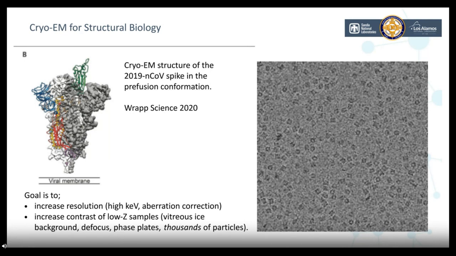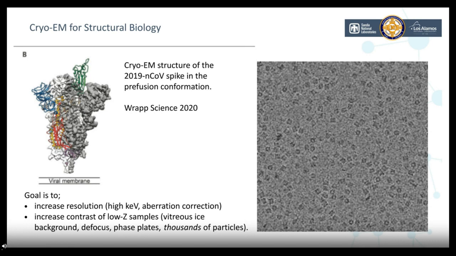But unfortunately, when you do that, you drastically reduce contrast. This is an issue with these types of low Z samples, as you need some contrast to see things. So to counteract this, these are suspended in a vitreous ice background, also playing with things like defocus and phase plates, and also taking many hundreds and thousands of images of the protein.